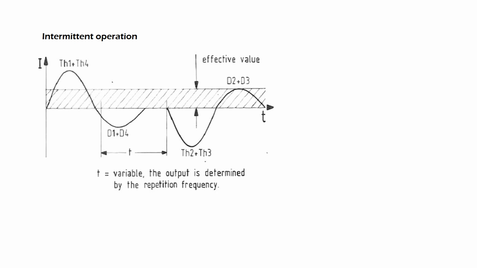Unless the thyristors TH2 and TH3 are caused to fire immediately after the current crosses zero, the situation is the one represented. For some time the current flows through TH1 and TH4 and afterwards through the diodes D1 and D4, then it turns to be zero.